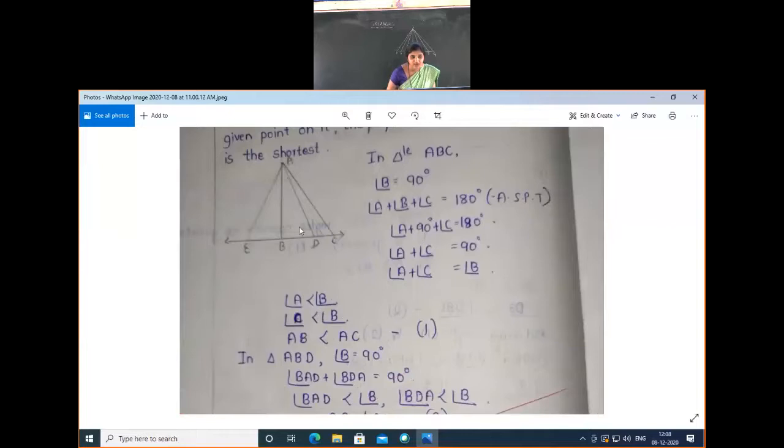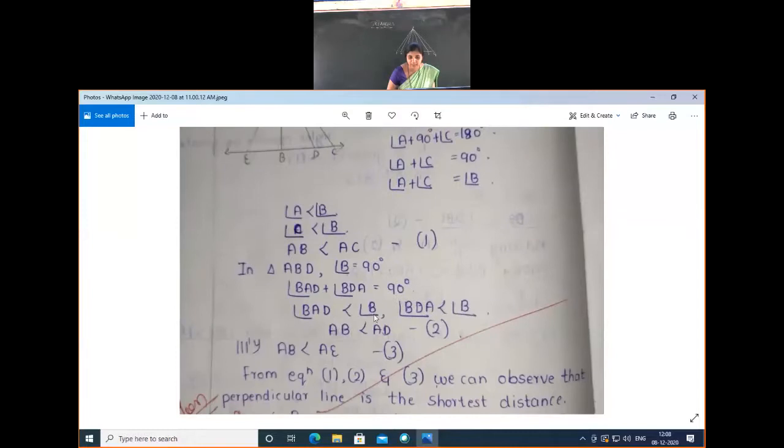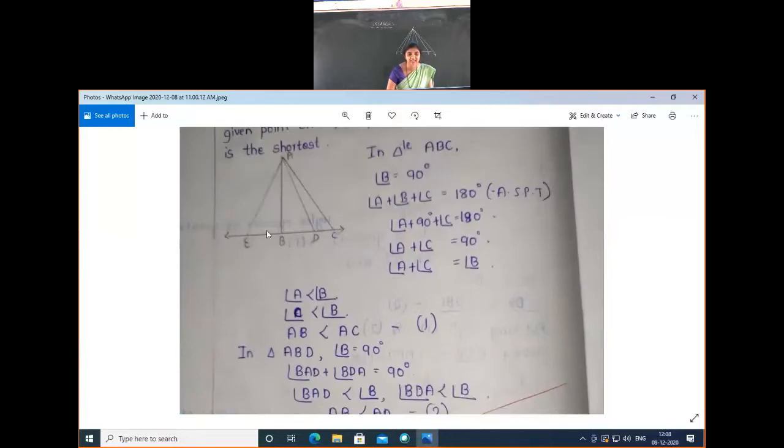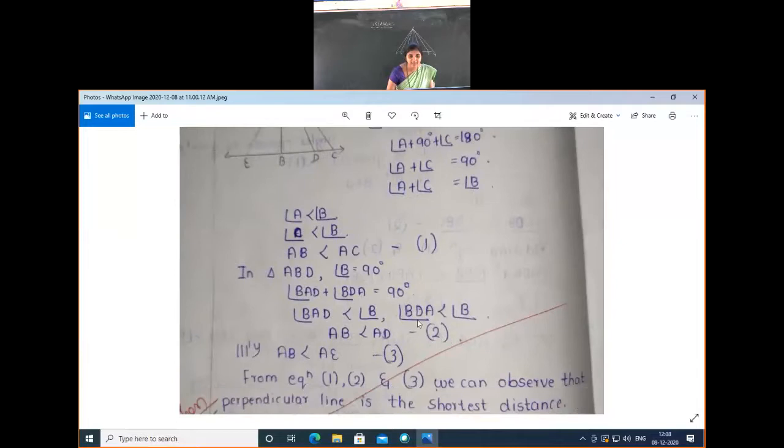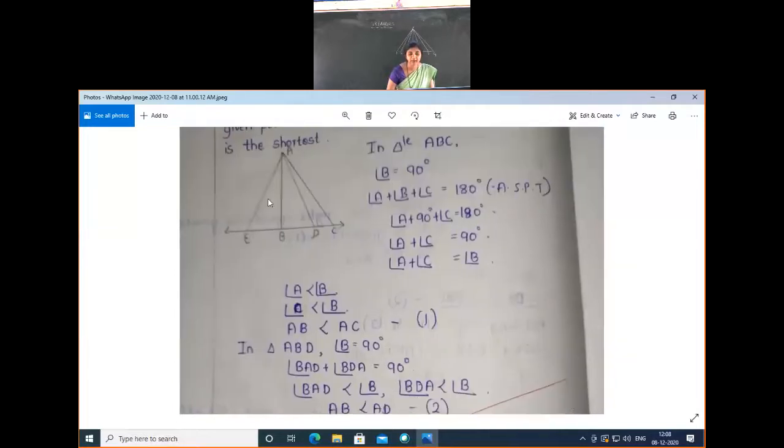Now again compare this one. Angle BAD is less than angle B, angle BDA is also less than angle B. Again, we got the result that AB is less than AD. Call this equation number 2.